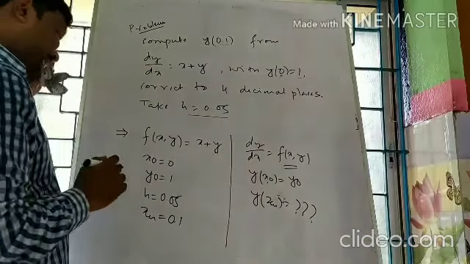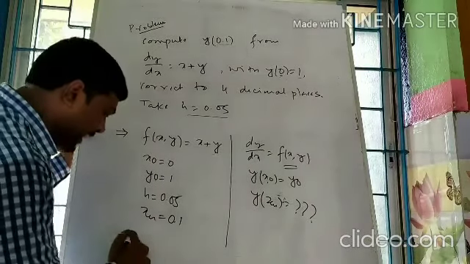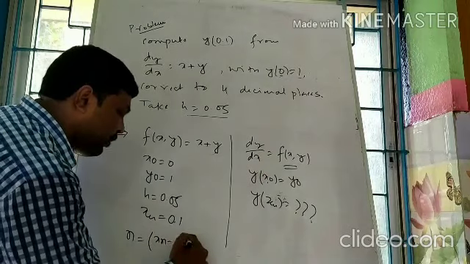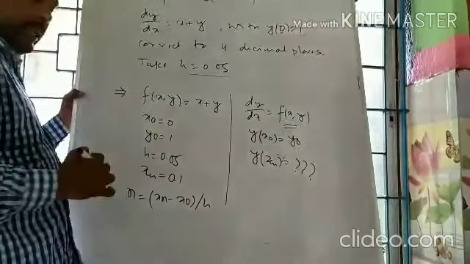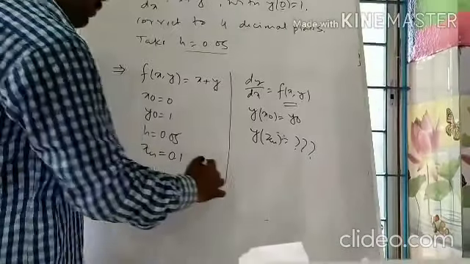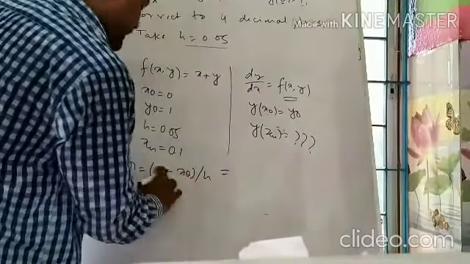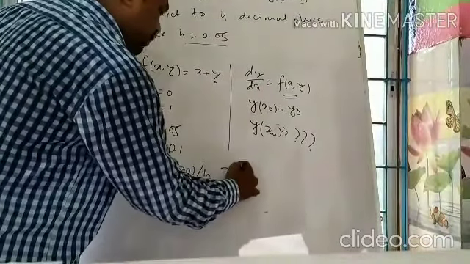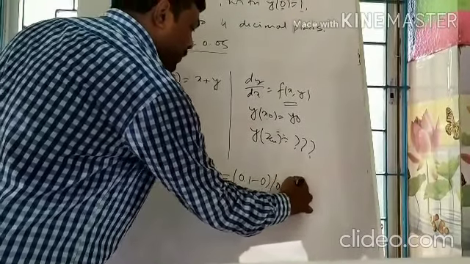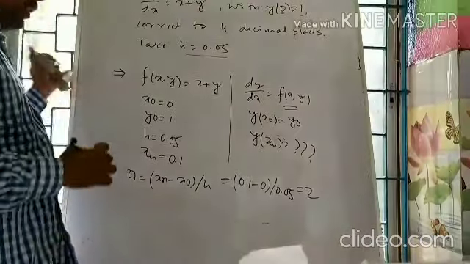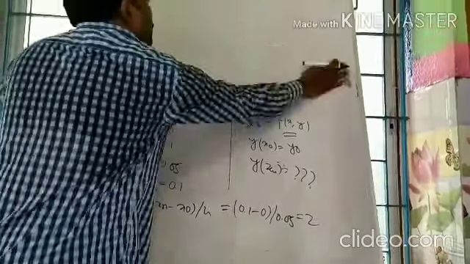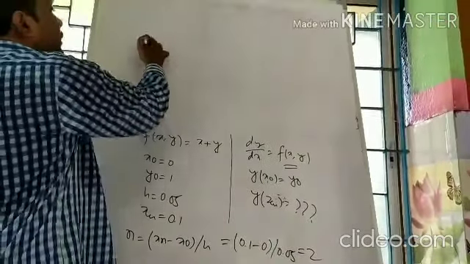So first calculate n. n equals (xn minus x0) by h. So it is (0.1 minus 0) by 0.05, so n equals 2. So the number of subintervals is 2.